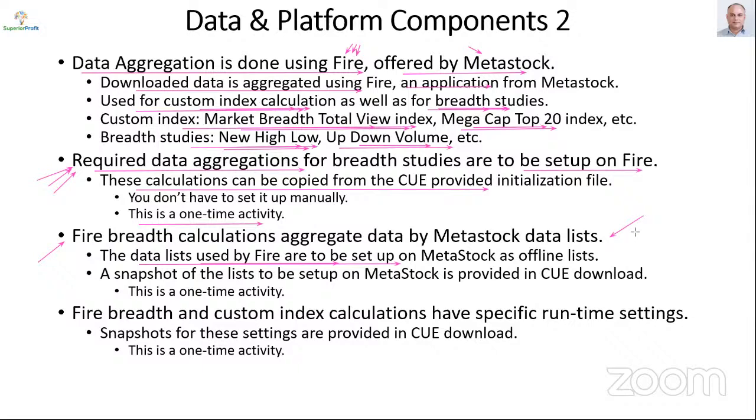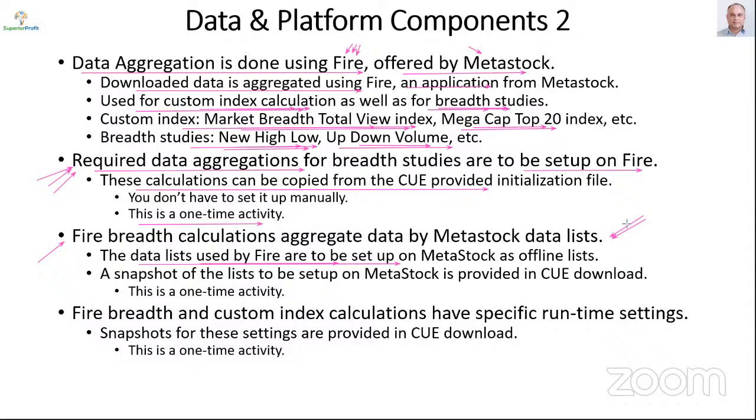That means we also have to set up the data lists in Metastock. Just setting up in the C:* Metastock data folder is not enough. Just setting up in the downloader is not enough. C:* Metastock data tells where the data is going. The downloader is set up to tell what to download where.